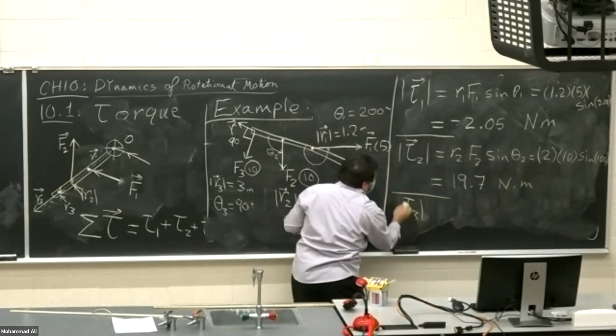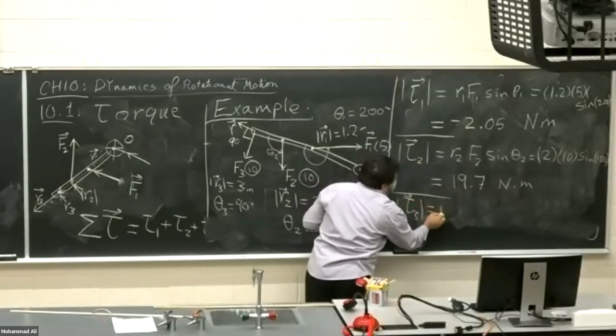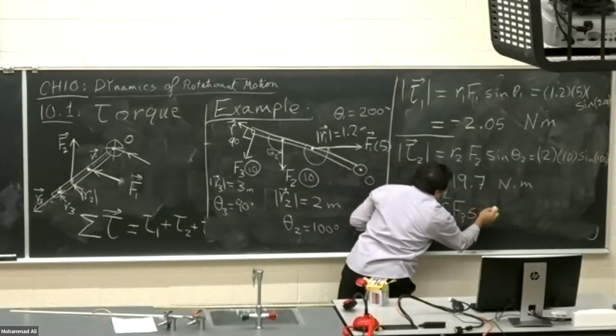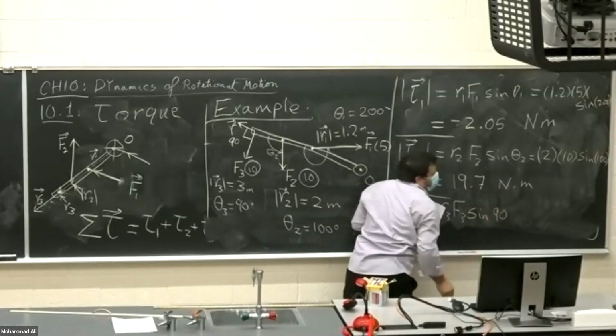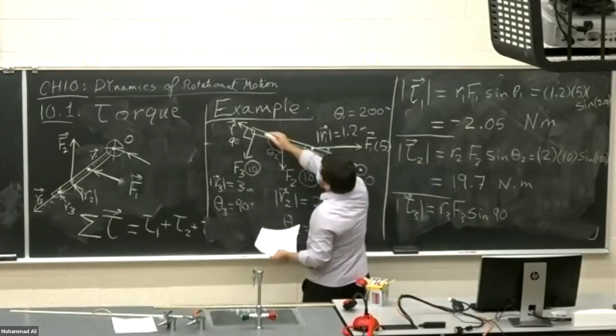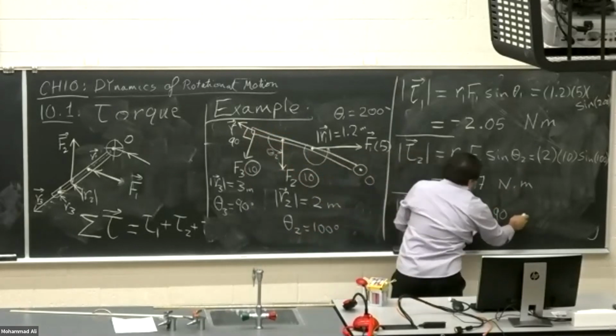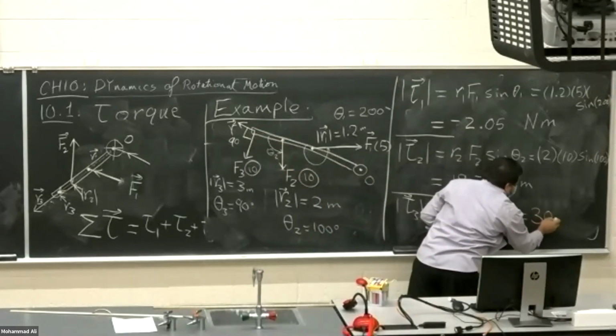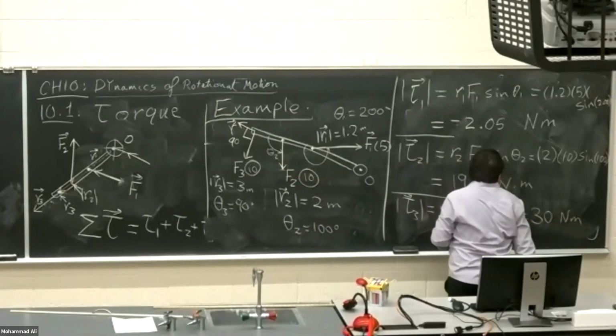And tau 3 by the same way, it is R3 F3 sine 90. Now sine 90, this one 90 degrees, it will be more and more, it is 30 newton meters.